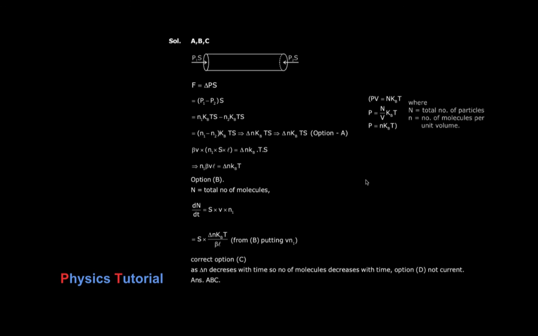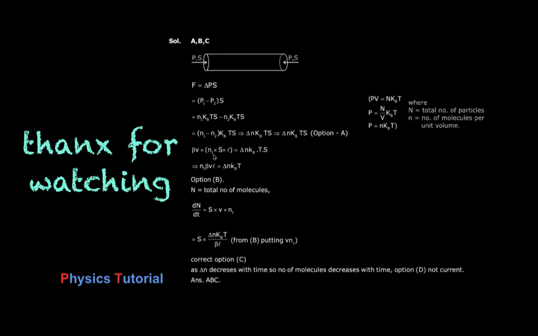Now for the other options. For B option, delta N KBTS, and here beta V into N1 SL is equal to delta N KB into TS. In this way you can find delta N1 beta VL is equal to delta N KBT.